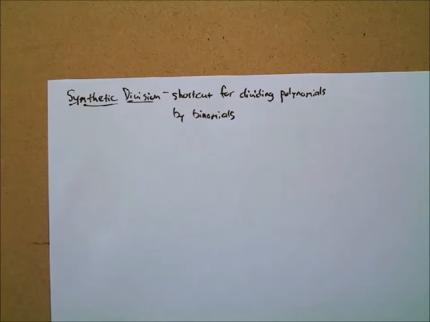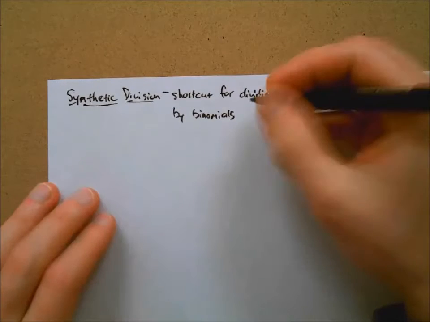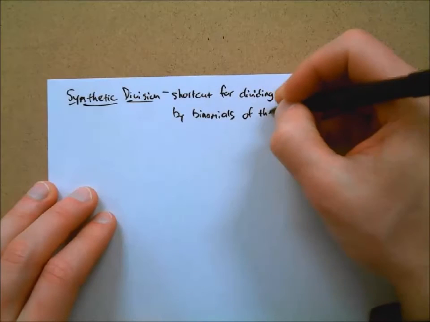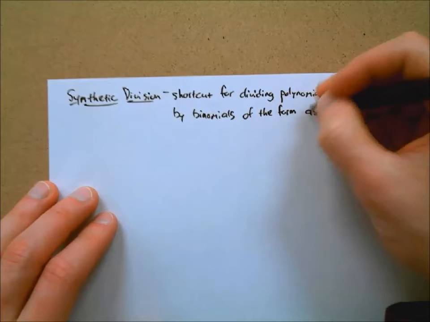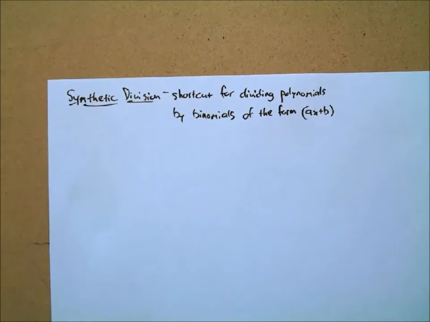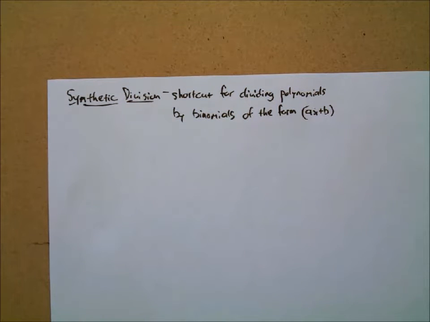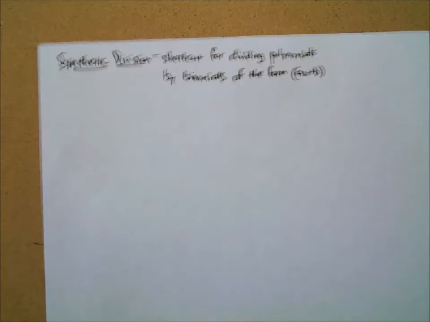Oh, and I should say binomials of the form ax plus b. So with synthetic division, we sacrifice the ability to divide by anything. We can only do synthetic division when dividing by binomials, but we sacrifice that ability to speed up our actual division. Let me show you what I mean by that.